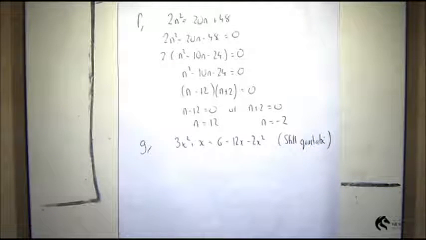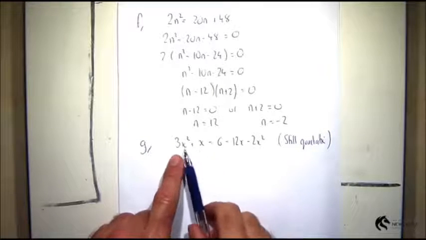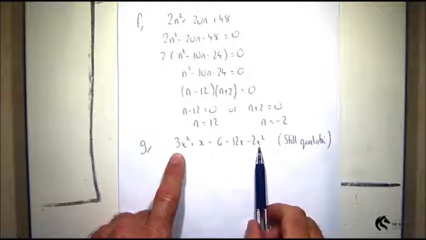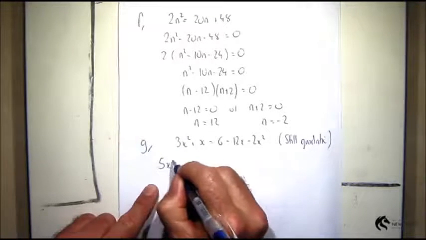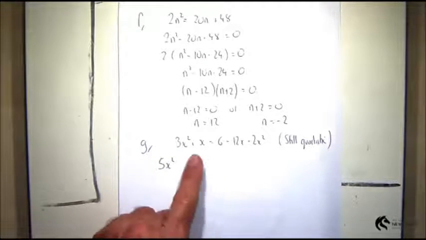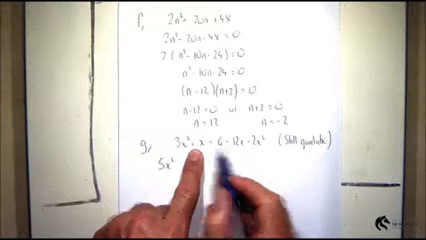What I'm going to try and do is write it as a quadratic trinomial equal to 0 and then try to factorise it. So what I want to do is put all the terms onto the left-hand side. So I'm going to have 3x squared plus 2x squared, that will give me 5x squareds. I've got plus x, and then when I bring the 12x over, I'm going to have plus 12x.